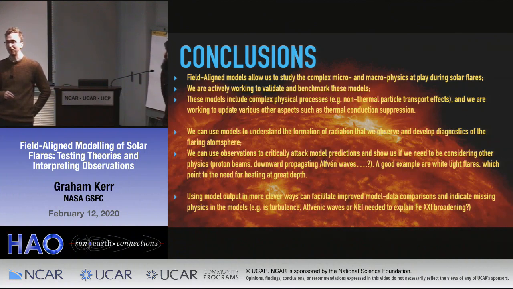I know that one attempt we're going to make is to investigate the impacts of 3D effects on line widths and things like that. I want to work with the Scandinavian crowd, who have MULTI-3D, which is a 3D radiation transfer code. They can deal with the effects you need, like PRD, for these lines, and we would create a very ad hoc flare atmosphere to put into that model.